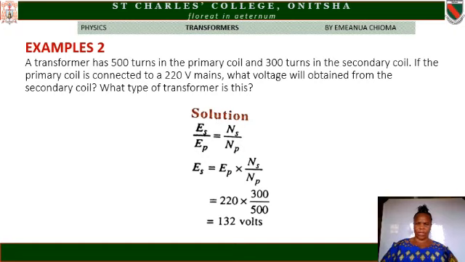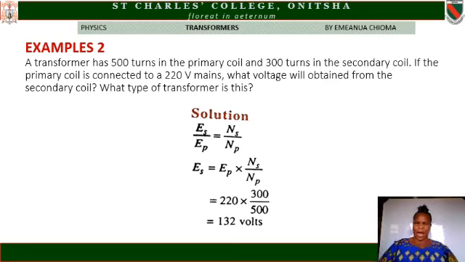Solution: from the transformer formula, we have ES over EP is equal to NS over NP. We are looking for ES in the question. Our EP, which is the EMF in the primary, is given as 220V. Then our NS is given as 300 turns.